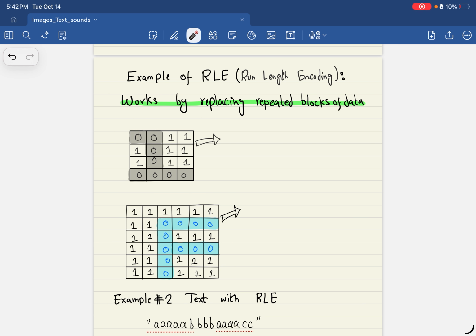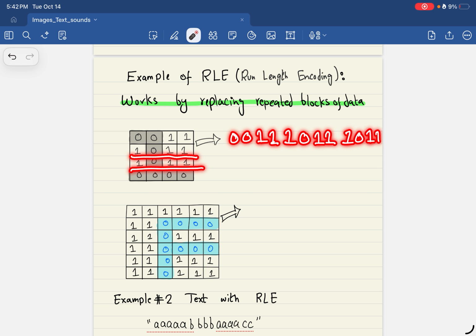Okay, the first thing we are going to do is, for a computer, it's just a series of bits, right? So it will represent this image in terms of bits like this. The first block is written like this: 0011, and then the second row, which is 1011, and then the third row, which is 1011, right?